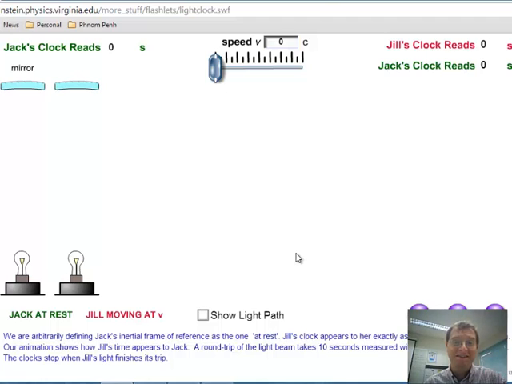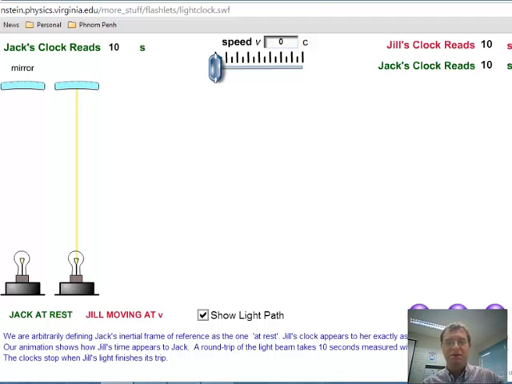Jack is at rest and Jill is at this moment in time travelling at a velocity of 0 meters per second. So if I press play, what we can see is our clocks are completely in sync with each other.